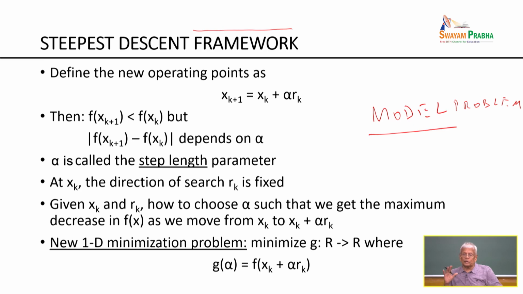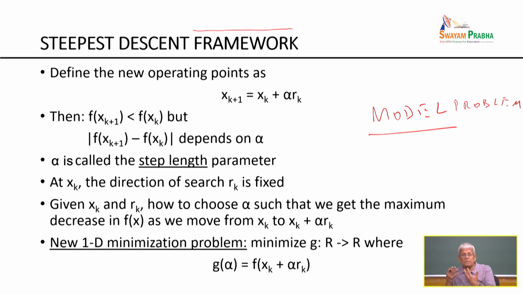So, to summarize how we got here, we talked about hill climbing, we talked about steepest descent, the steepest descent direction, the negative of the gradient. We showed I can get the maximum decrease by going along the negative of the gradient. So, the negative of the gradient is in fact the residual.